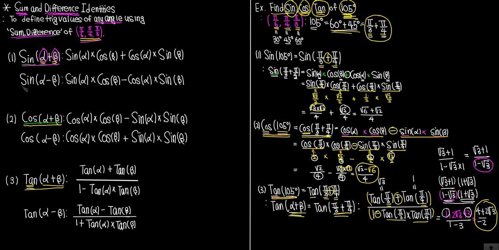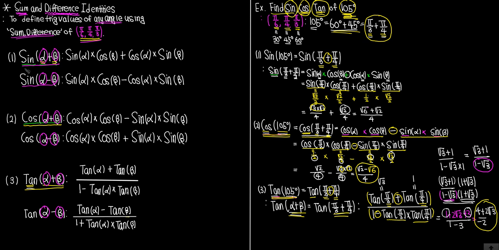And the difference identities, the reason why it's called a difference is because we make one angle measurement into the subtraction of two special angles. The same thing applies to cosine of alpha plus beta, cosine of alpha minus beta, tangent of alpha plus beta, and tangent of alpha minus beta.